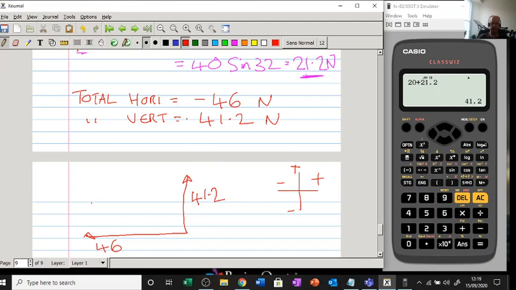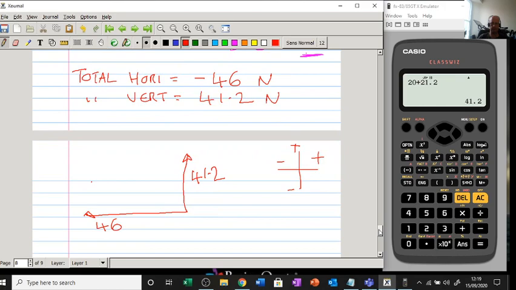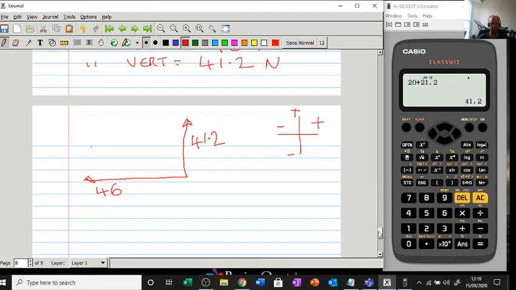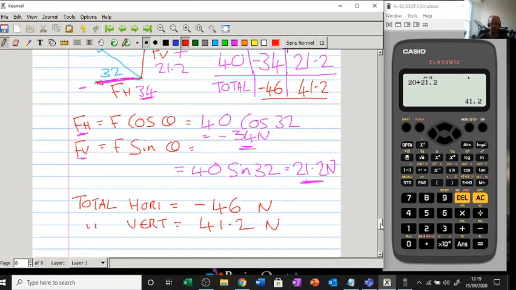Because 46 is minus, it's just going that way, and it's going up at 41.2. So this thing has been pulled up. The resultant of the three forces is 41.2 up and 46 to the left, because we worked it out by adding them up.